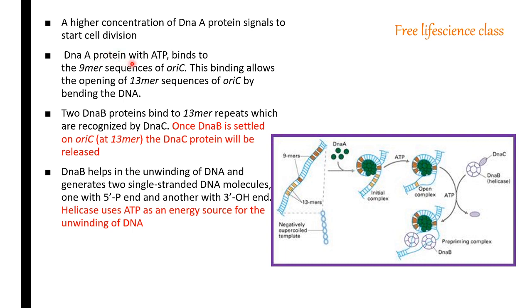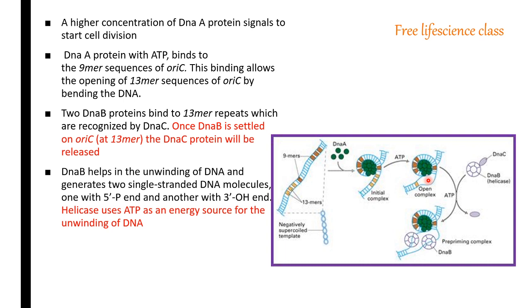So the DnaA protein along with ATP binds to the 9-mer region. The DNA will bend towards the 13-mer region, it will form a loop, and the 13-mer region will open up.